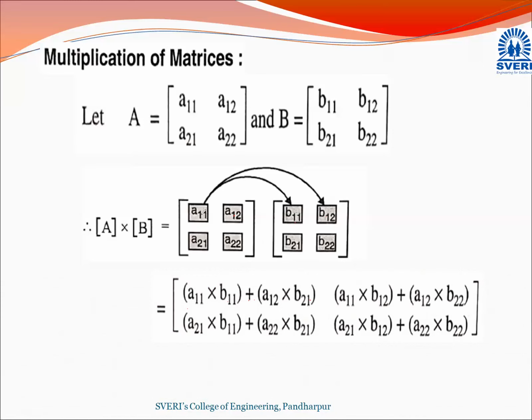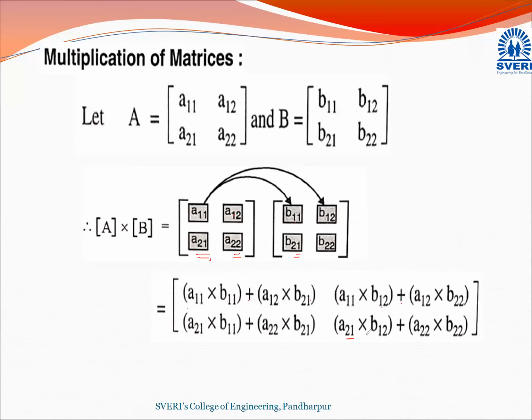Next, first row going for the next one: A11 into B12 plus A12 into B22. Next, the second row: A21 into B11 plus A22 into B21.